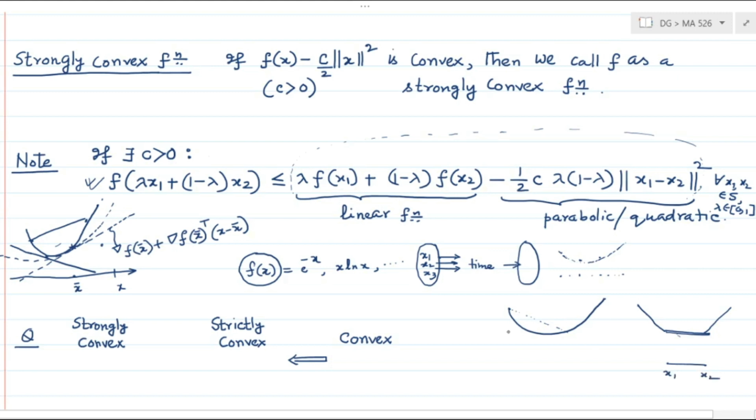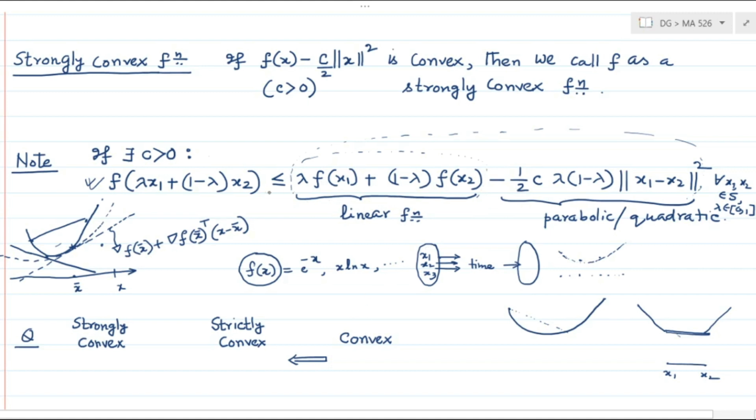Therefore, you can intuitively find that strongly convex will imply convex, and eventually from this inequality also this follows. Here you note that on the strongly convex function, the expression on the right hand side is always less than or equal to lambda f(x1) plus (1 minus lambda) f(x2), and therefore a strongly convex function is a convex function.